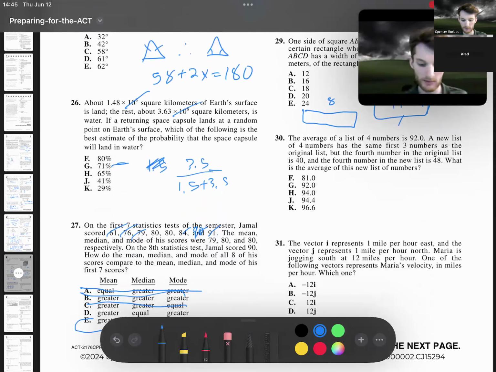The average of a list is the same first three numbers as the original list, but the fourth number in the original list is 40.